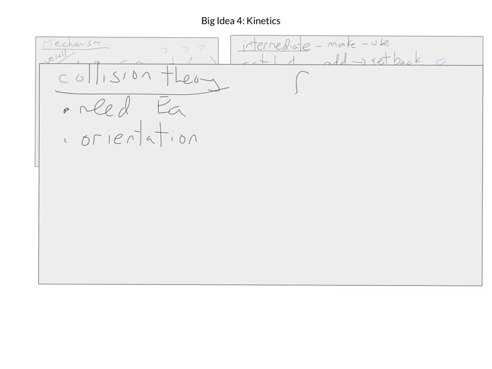And different factors that affect those things are just what affects the collisions, the rate of the reaction. Temperature: higher temperatures mean faster molecules, more kinetic energy, more collisions. We can look at concentration. If I have more stuff, I'll generally get more collisions.